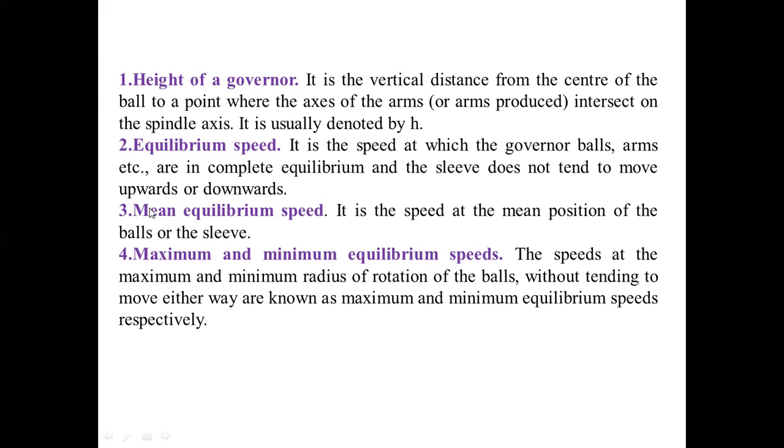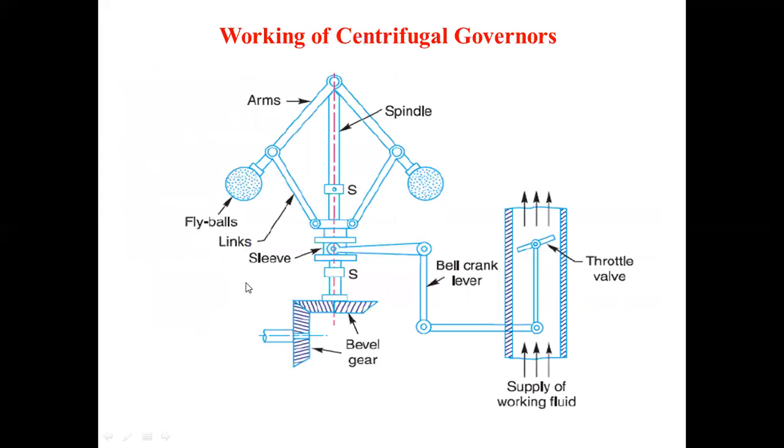What is the mean equilibrium speed? It is the speed at the mean position of the ball or the sleeve. Now, maximum and minimum equilibrium speeds. At the maximum equilibrium speed, the balls fly out and the radius of rotation increases.